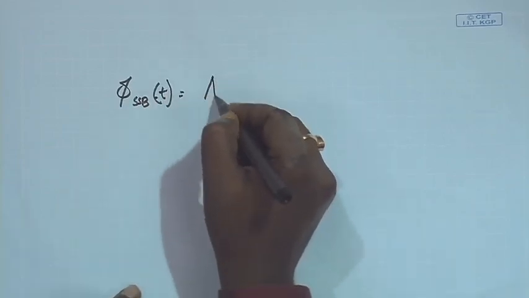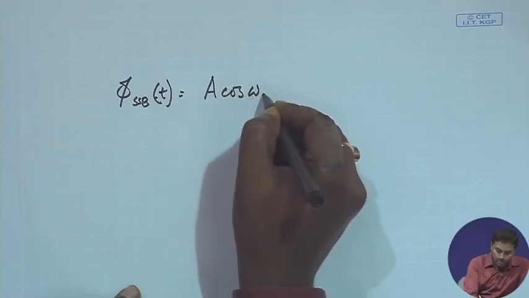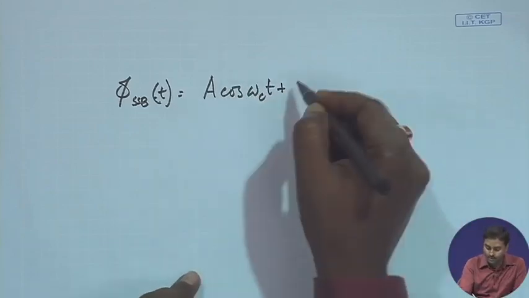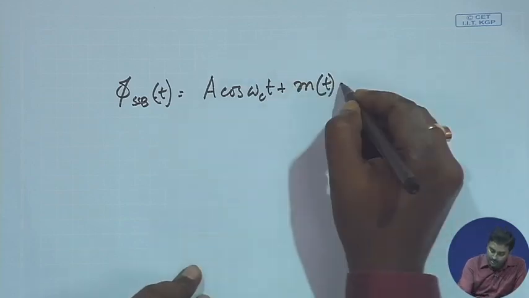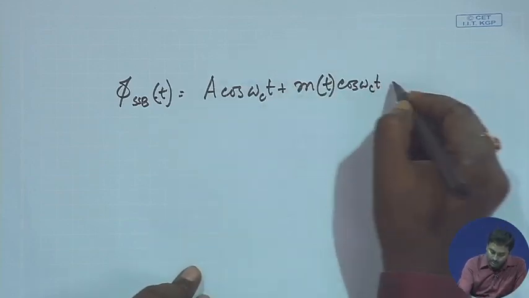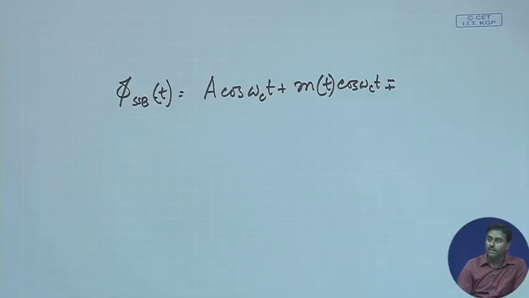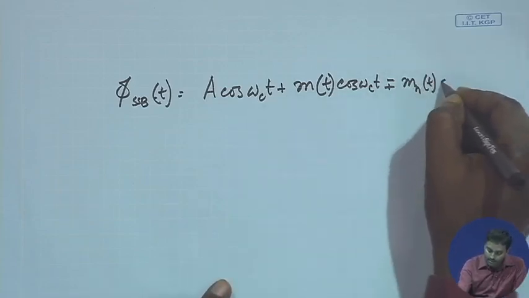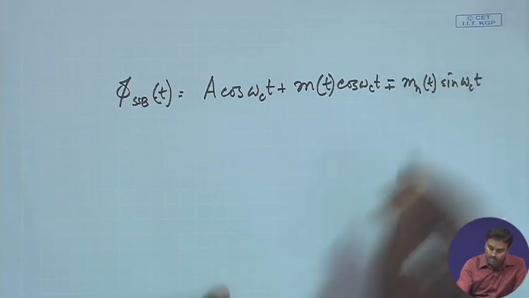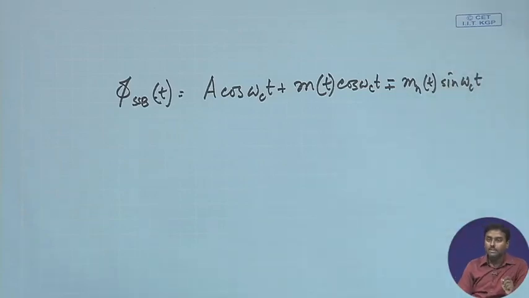So we will add the carrier A cos omega ct to the original SSB signal, which, if my message signal is m(t), is m(t) cos omega ct minus or plus, depending on whether I take the upper or lower sideband, m_h(t) sin omega ct. This is the representation of SSB. At the transmitter end I can always add the carrier, because that is where I have the local carrier with which we are modulating.